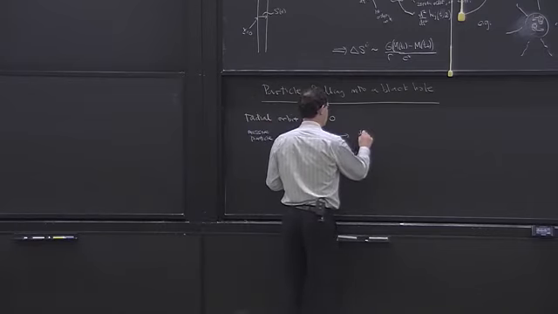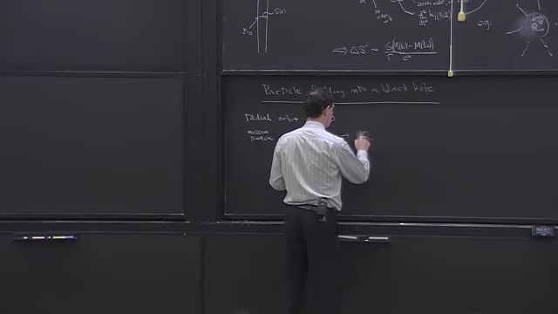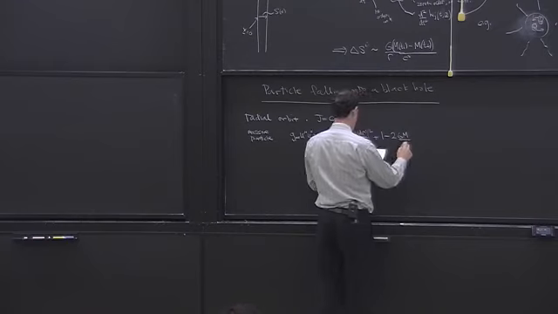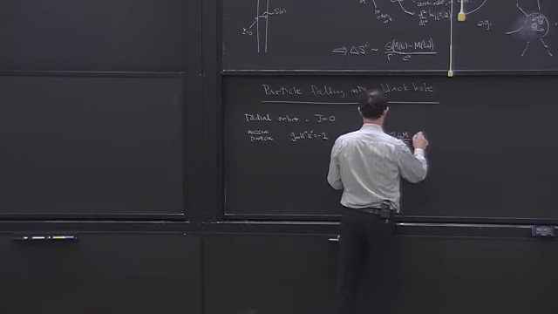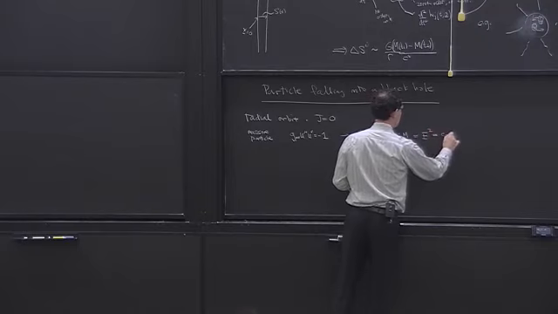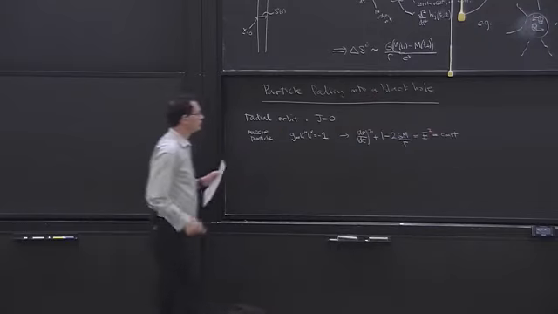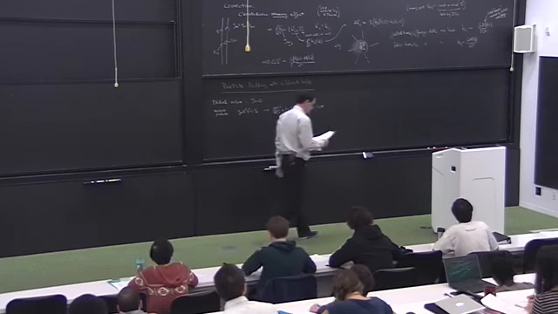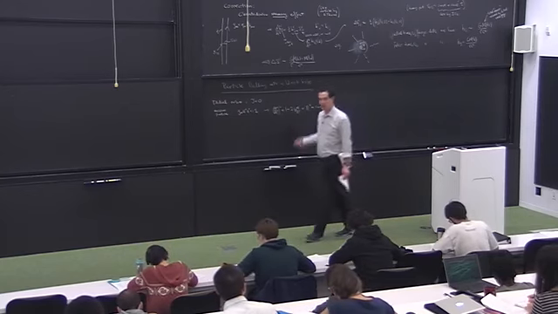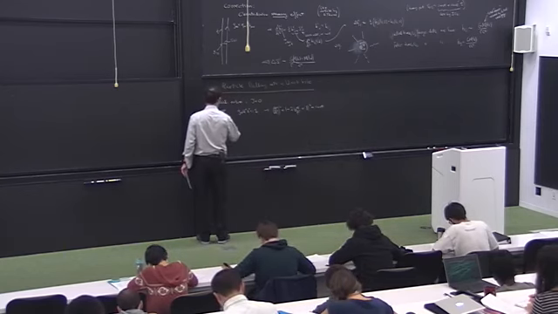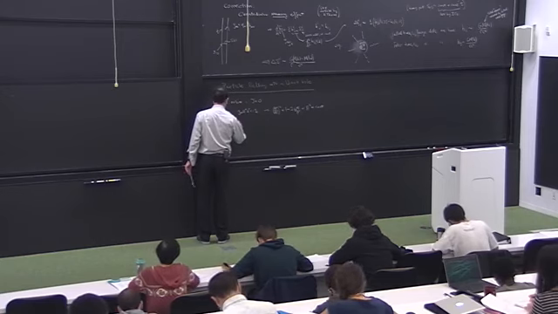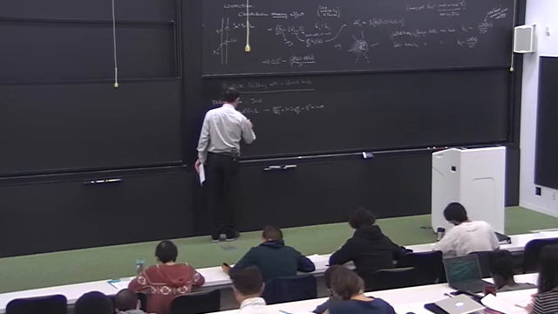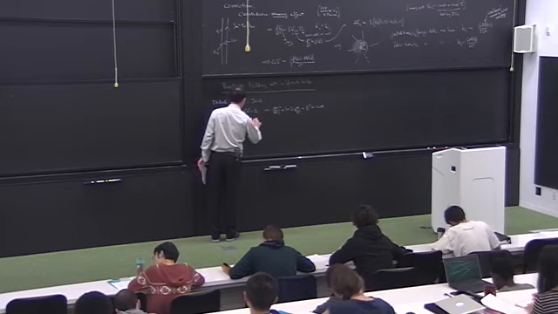reduces to (dr/dtau) squared plus 1 minus 2GM over r equals E squared, equals constant. Remember where all these terms come from. This metric has a 1 minus 2GM over r, then you have a t dot squared with a minus sign, plus a 1 minus 2GM over r inverse times r dot squared.